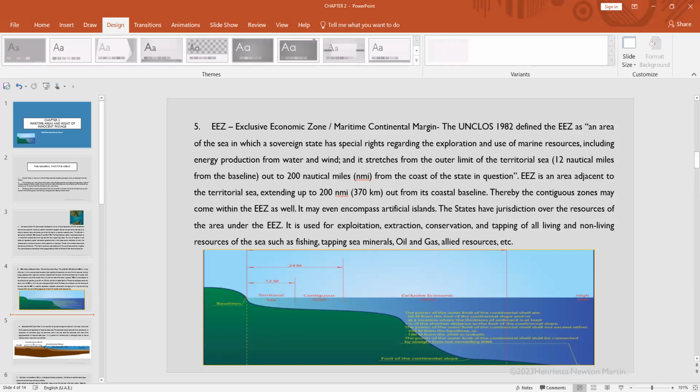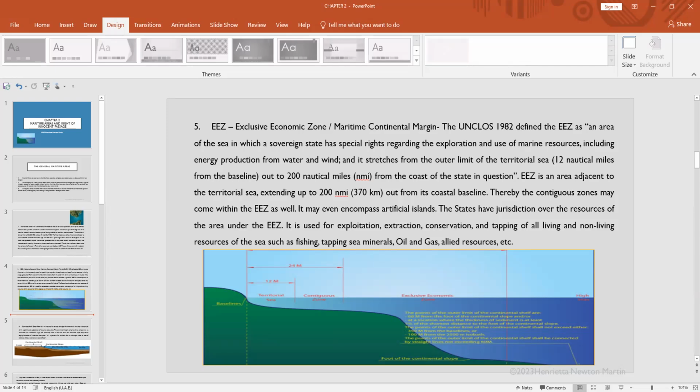The EEZ, as you also call it, is an area adjacent to the territorial sea, extending up to 200 nautical miles, approximately 370 kilometers, out from its coastal baseline. Thereby, the contiguous zone may come within the ambit of the EEZ as well.